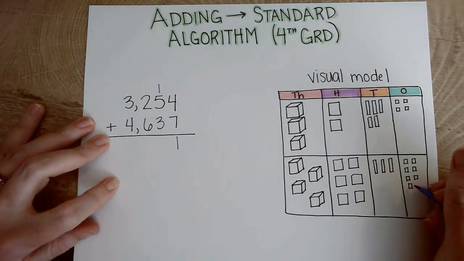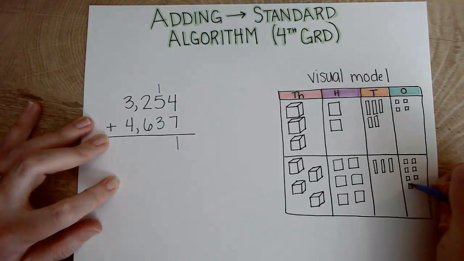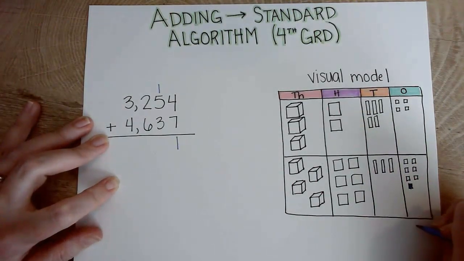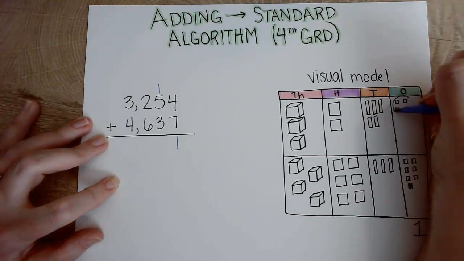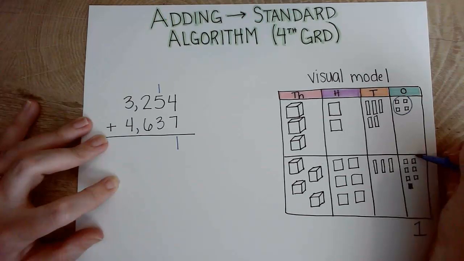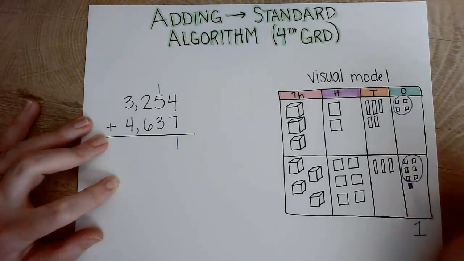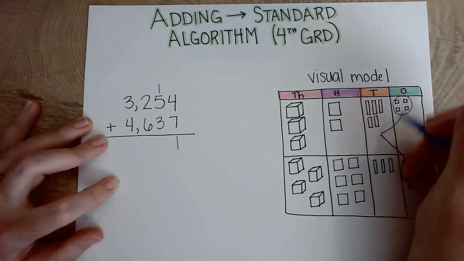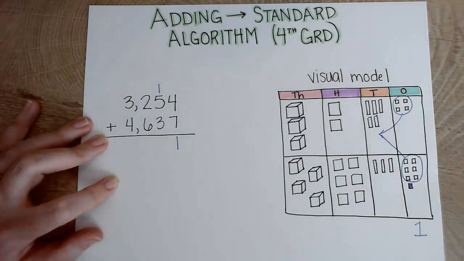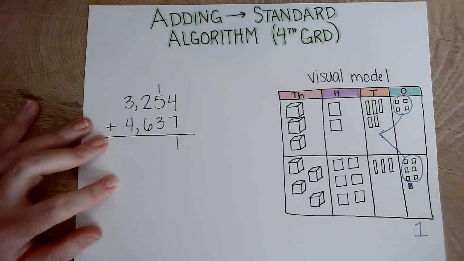What we're basically doing is we're dropping down this one right here, and we're regrouping this 4 and this 6, and we're bringing it to our tens. Ones place is done.